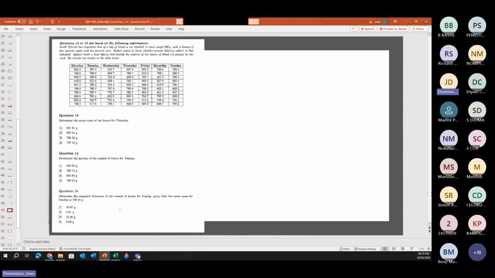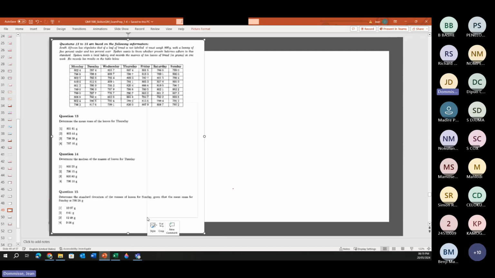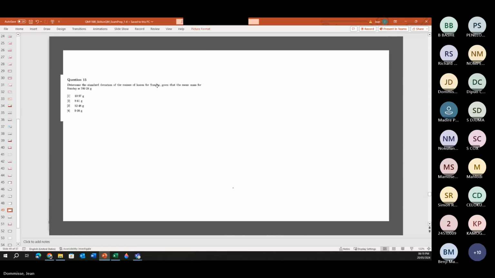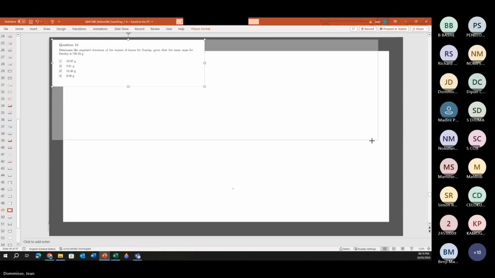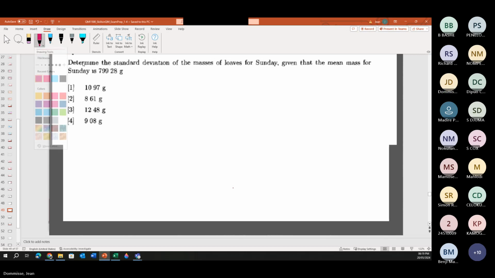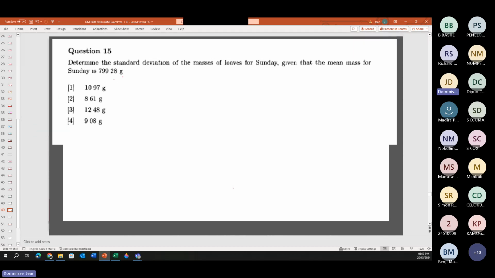Okay, and then the last one: determine the standard deviation of masses of loaf given that the mean mass for Sunday. Okay, so this is quite nice. They actually don't need you to work out all the numbers, because they tell you the mean mass for Sunday.